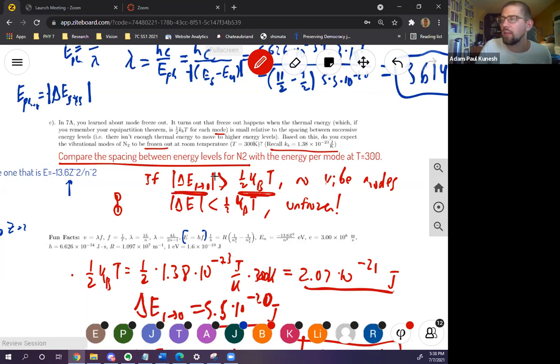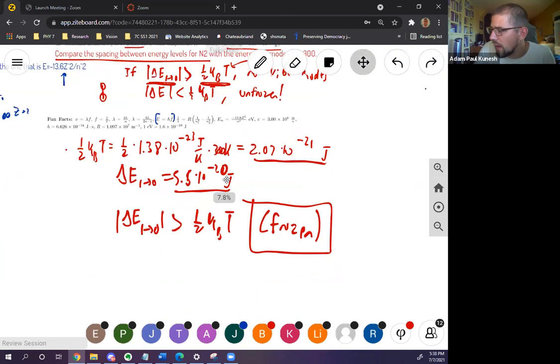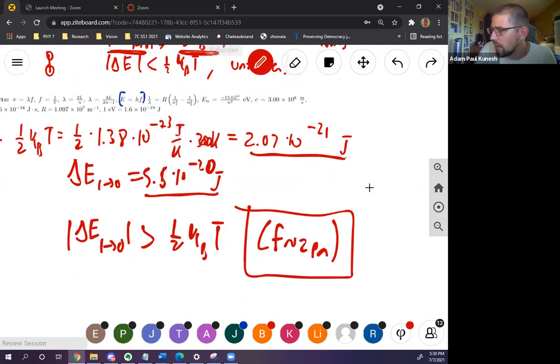If we have a lot of energy to spare from our thermal fuel, then those modes are unlocked. If we don't have that much energy, those modes are not unlocked. We compared those two numbers, and it looks like it's going to be frozen for us. We did not have enough thermal energy to unlock the next mode, the vibrational mode.